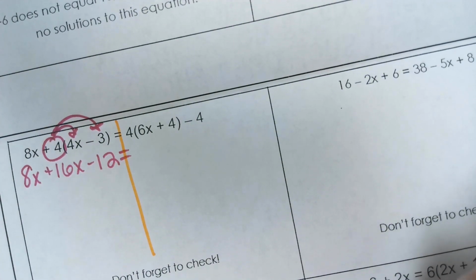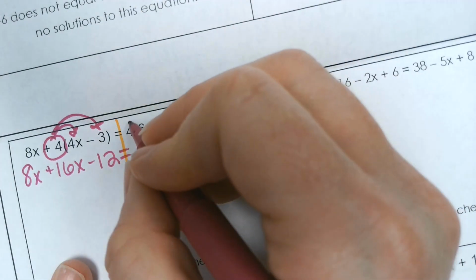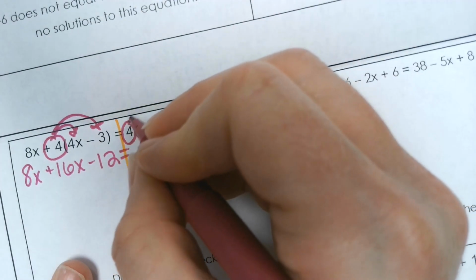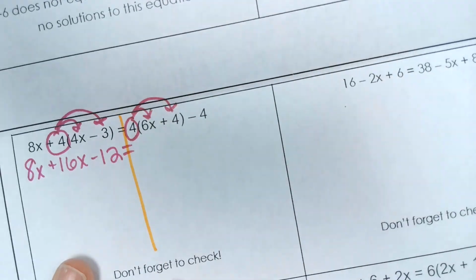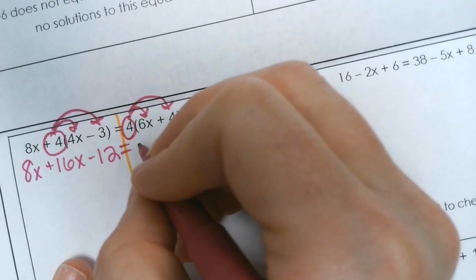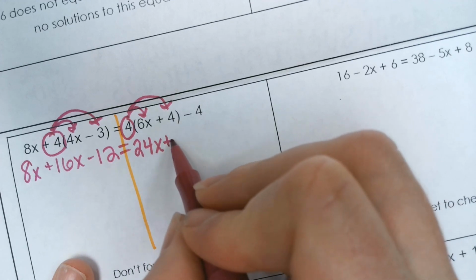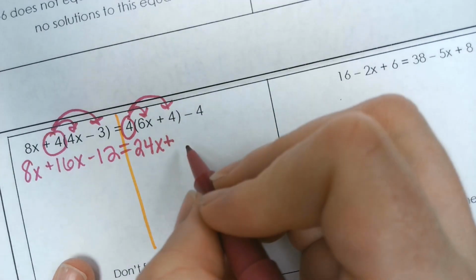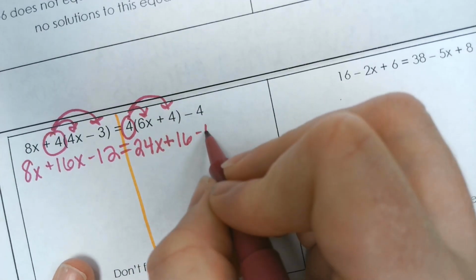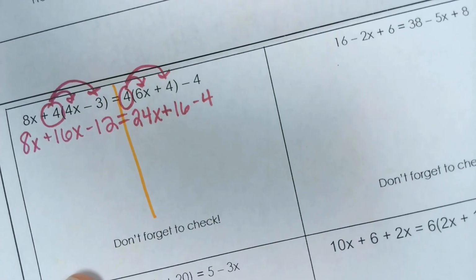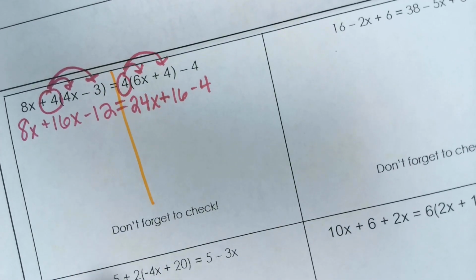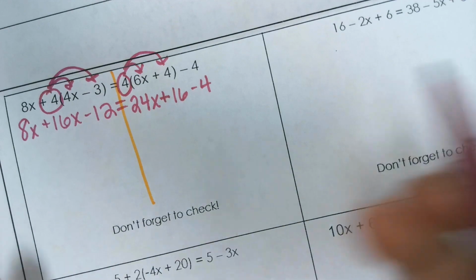Now the right side we also need to distribute. What's immediately in front of the parentheses? 4. 4 times 6 is 24x. 4 times 4 minus 4.